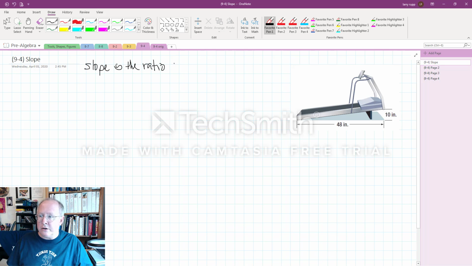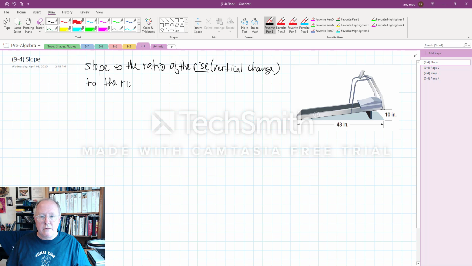So slope is the ratio of the rise, which is the vertical change, that's the change going up and down, to the run, which is the horizontal change.